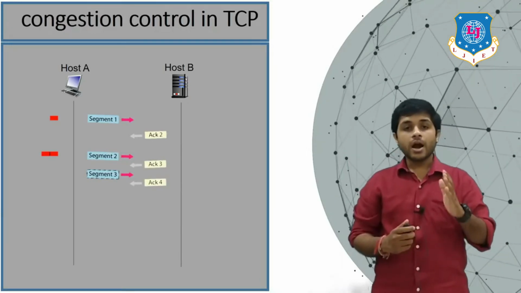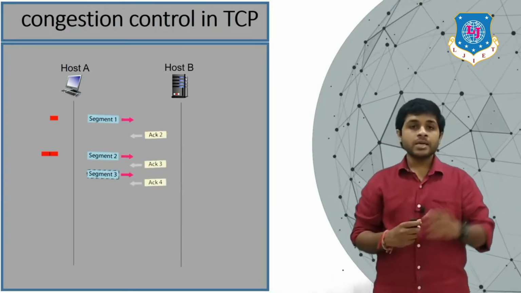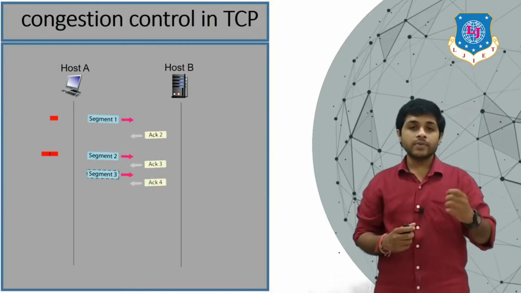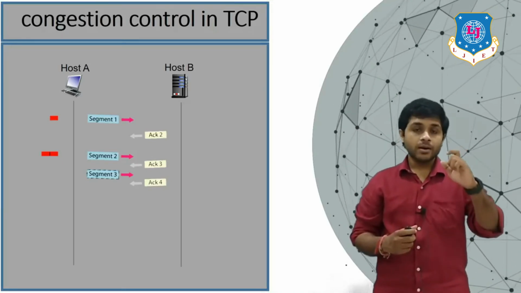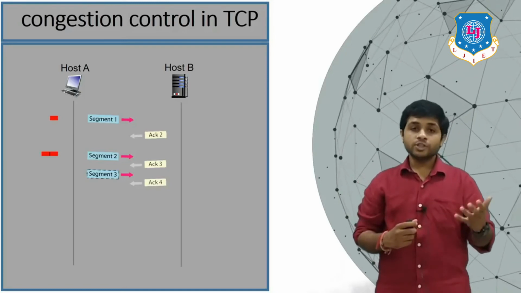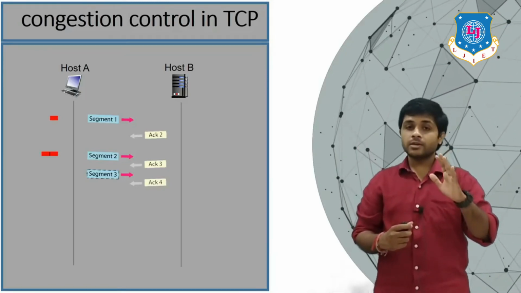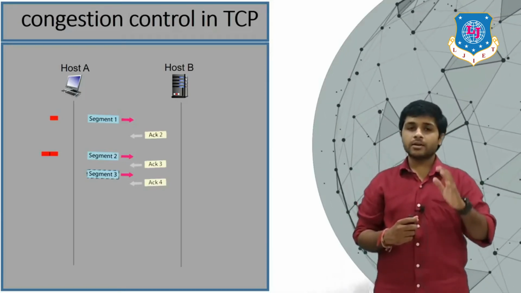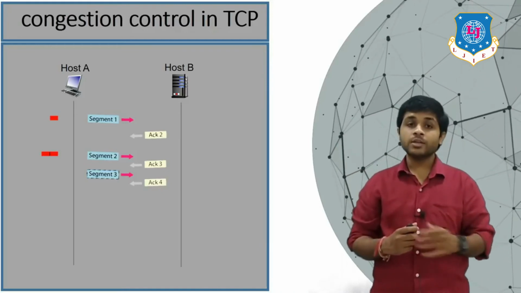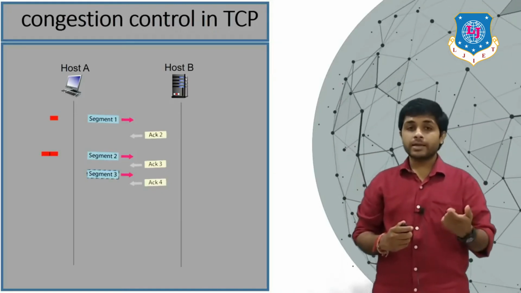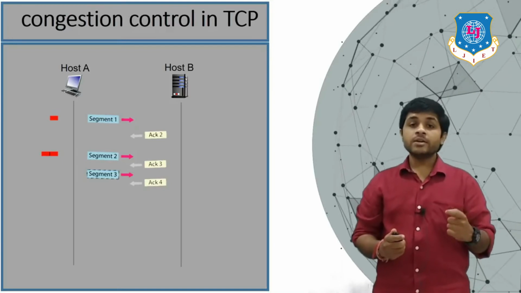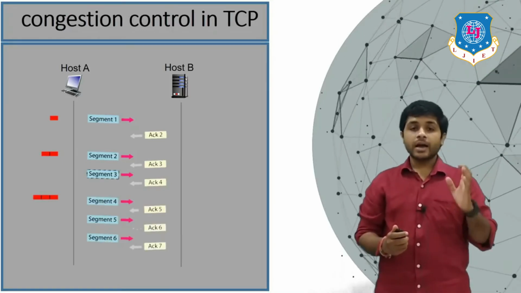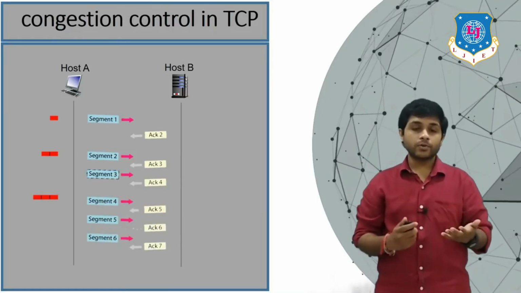Now, if after sending two packets at a time, the sender receives acknowledgement in a particular amount of time, it assumes that there is a lesser possibility of congestion in the link, so the sender will send more packets. After that sending, it will wait for acknowledgement.